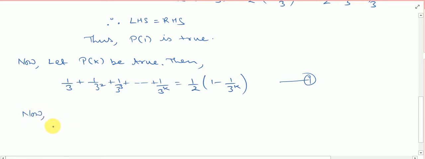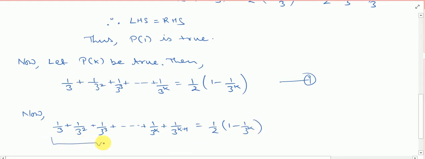Now 1/3 + 1/3² + 1/3³ + ... + 1/3^k + 1/3^(k+1) is equal to 1/2 (1 − 1/3^k), so this I have written for this much only, and then 1/3^(k+1).